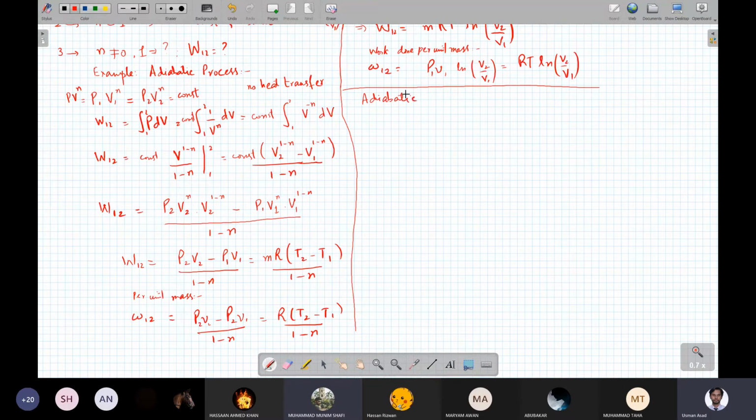Okay. So we talked about how the adiabatic process is a special case in which there is no heat transfer, which also follows this PV raised to the power n type of equation. But for that adiabatic process, the value of n is going to be the ratio of specific heats, for which the letter k is used, which is Cp over Cv.